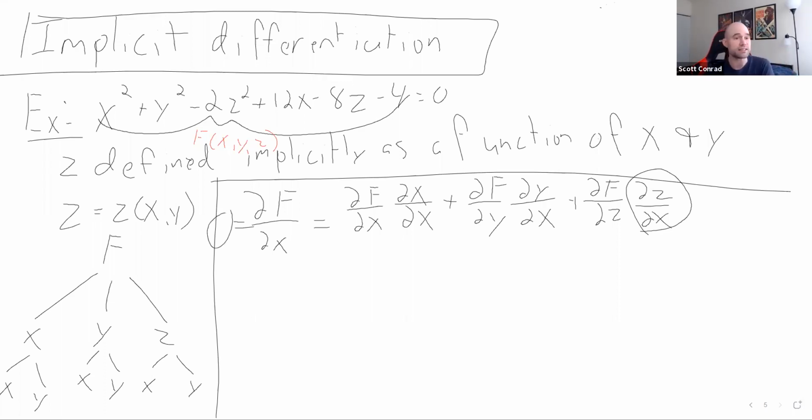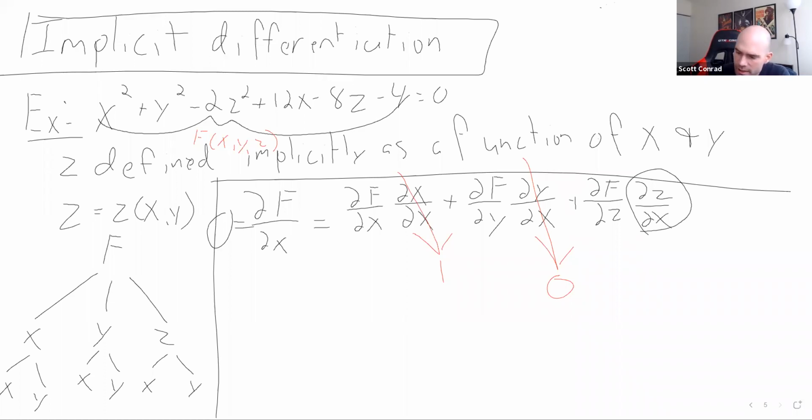So really dF dx is going to be 0, because it's always equal to 0. Also, the partial of the function x with respect to x is just 1, and the partial of the function y with respect to x is 0.